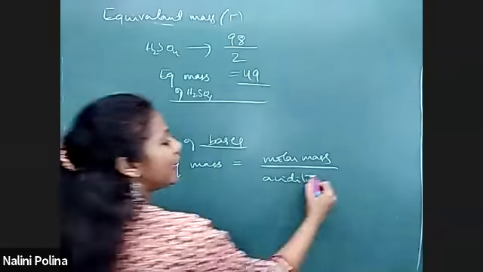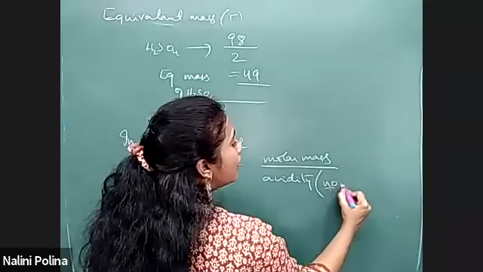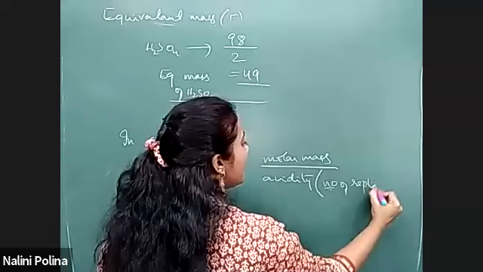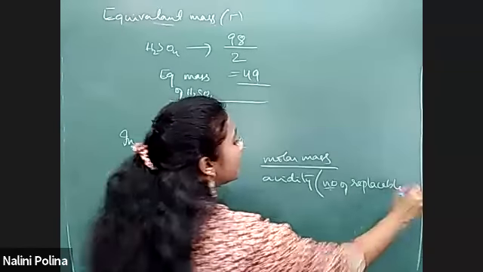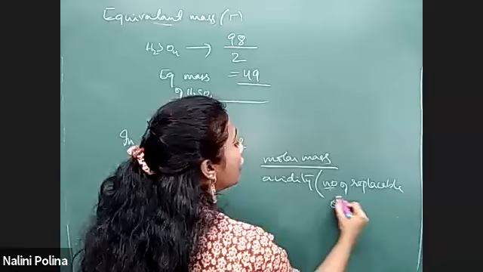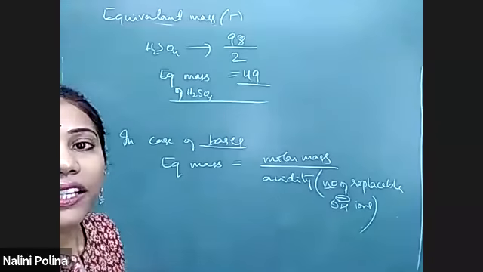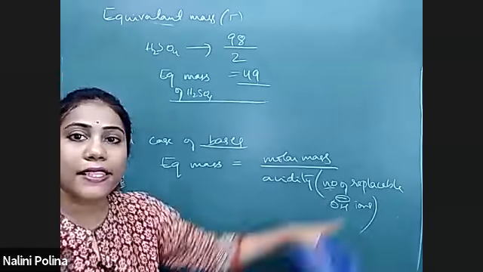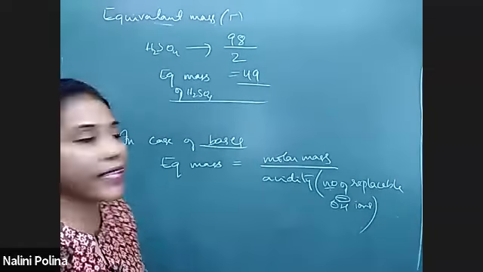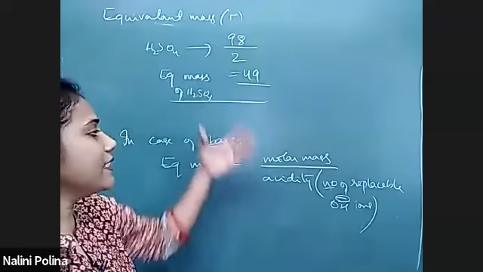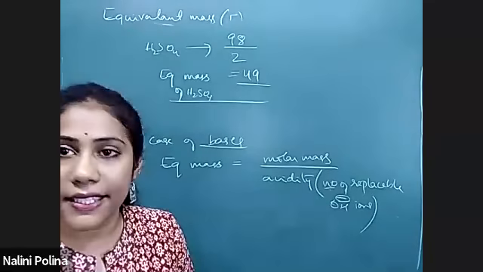Okay, what do you mean by acidity? Number of replaceable OH minus ions. Just like acids, in bases how many OH minus ions are replaced during a reaction, that is what we mean by acidity.